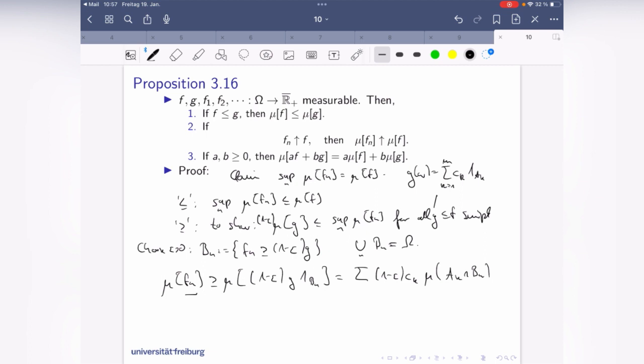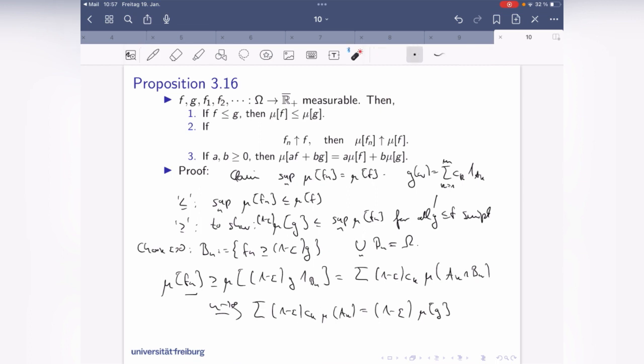And now if n goes to infinity, the Bn goes to B, and the sum here goes to (1 minus epsilon) ck mu of Ak, which is, okay, the 1 minus epsilon I have to keep. But this here, that's just the integral of mu with respect to g, mu g.